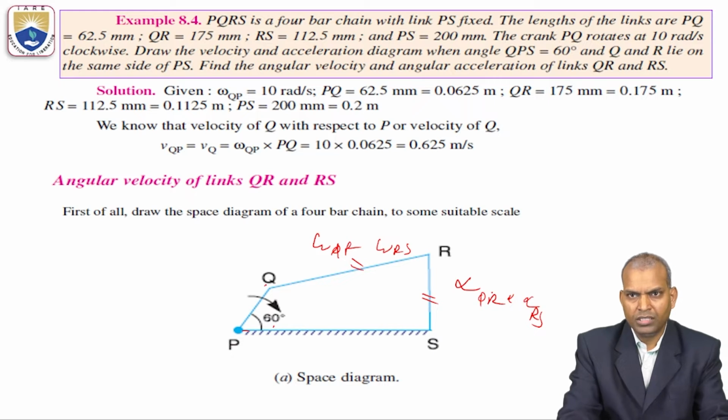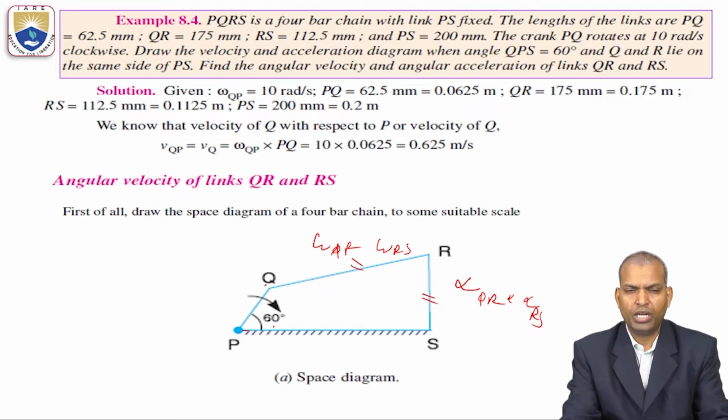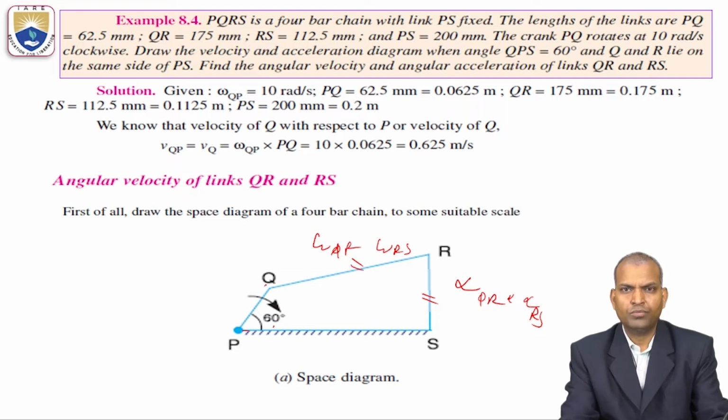So in this problem it is mentioned that we need both angular velocity components and angular acceleration components. So what to do? We have to draw the velocity diagram and also the acceleration diagram.